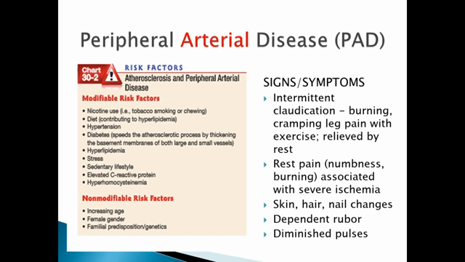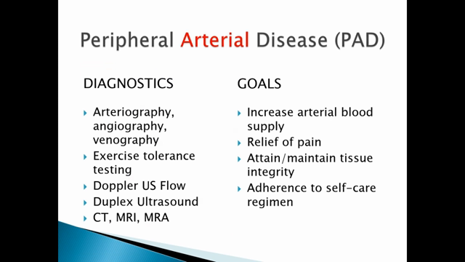Dependent rubor, meaning when the legs are in a dependent position, you have red or purple discoloration. But when you elevate them, that blood is able to get back to the heart. Diminished pulses, so looking at pulse strength, again, very important.